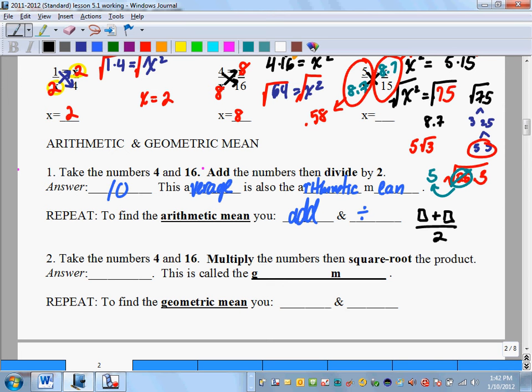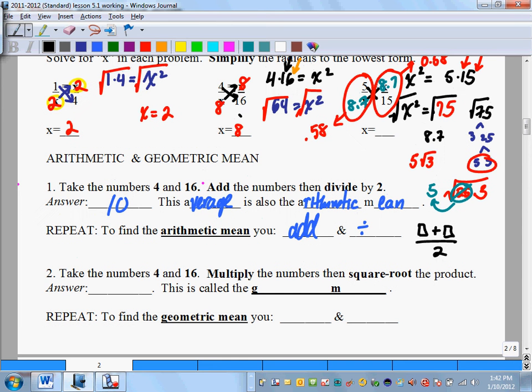The second one, the geometric mean: we multiply and then we take the square root, and this one we already did up here. The geometric mean is 8. So what's the answer for the third, the X? 5 root 3 or 8.7. This is called the geometric mean.